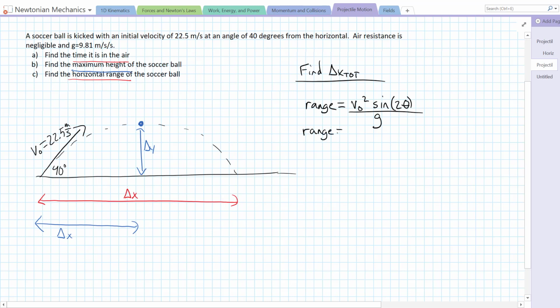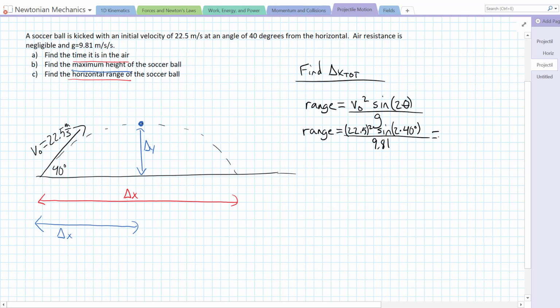Our range then is going to be 22.5 squared times sine of 2 times 40 degrees divided by 9.81. I'm omitting units because they're in base SI. Our answer should come out in base SI.